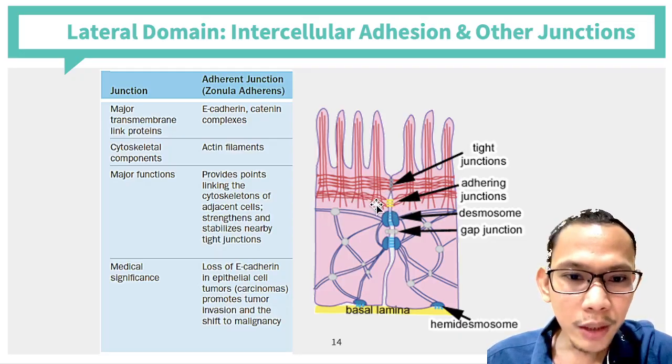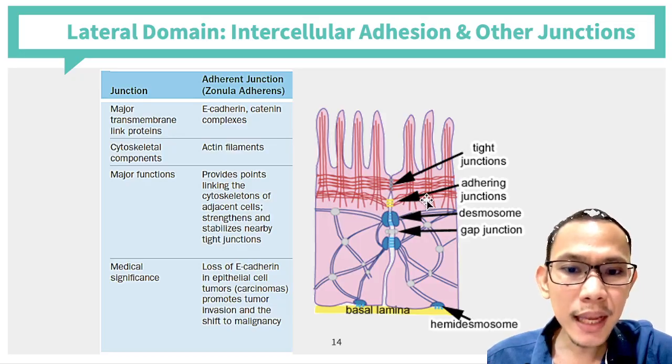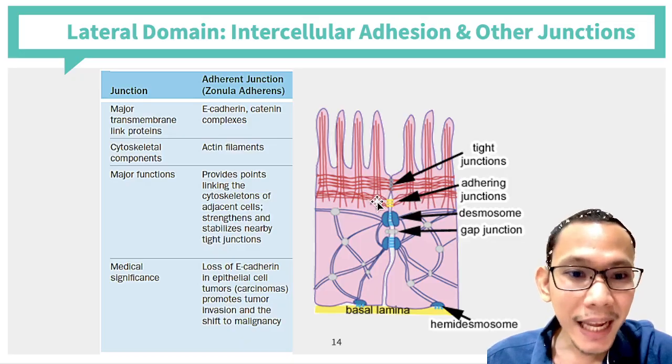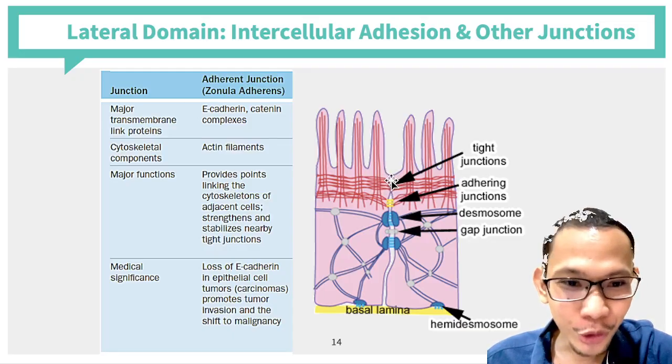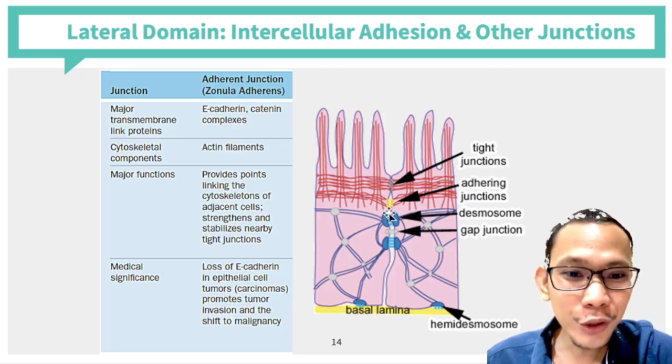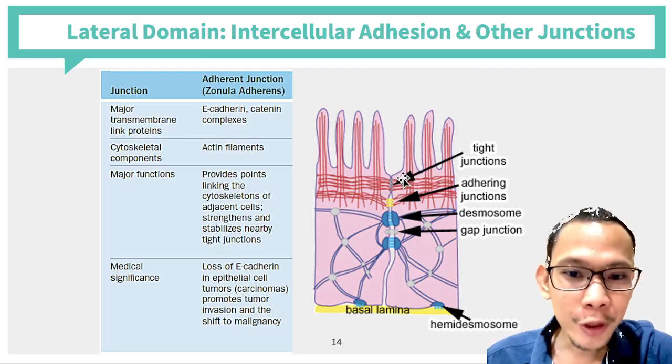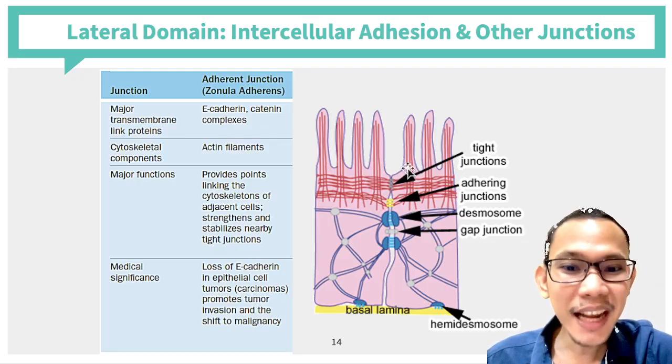And again, what's the purpose of linking the cytoskeleton? It strengthens and stabilizes nearby tight junctions. So again, stabilize niya pala itong tight junctions located in this portion. That's again the function of your adhering junction. Kaya nga tinawag na adhering junction. Supports and stabilizes this tight junction.